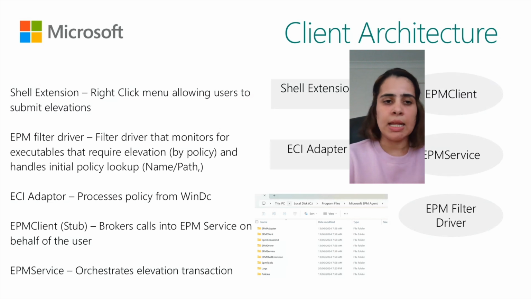There is an EPM filter driver which will monitor for executables that are required for elevation to happen. There is an EPM client which will call into the EPM service on behalf of the user, and everything is done via the EPM service.